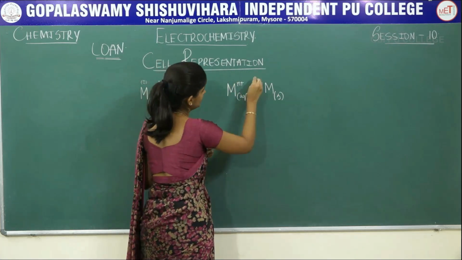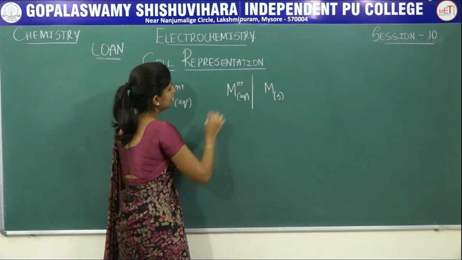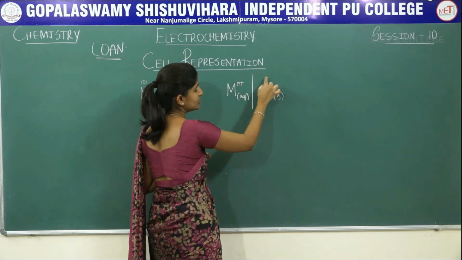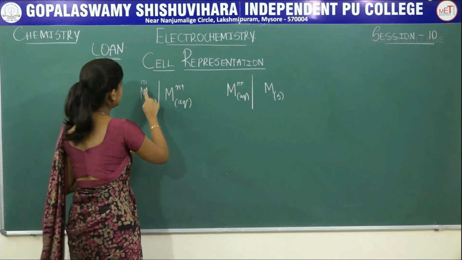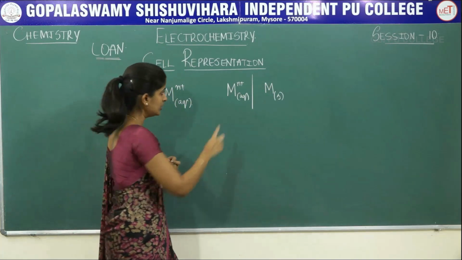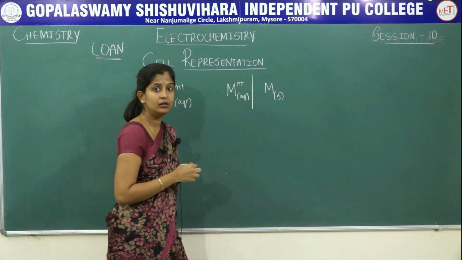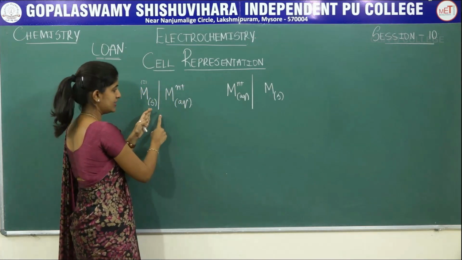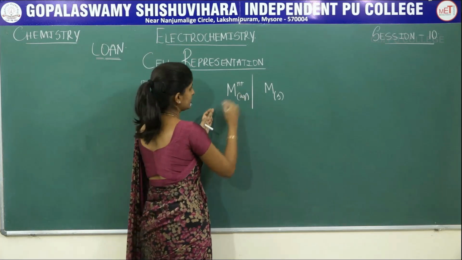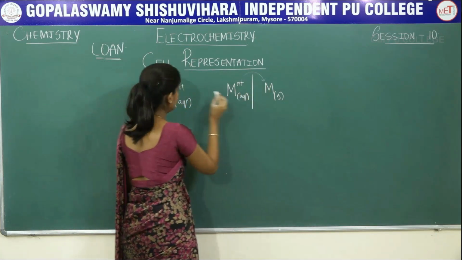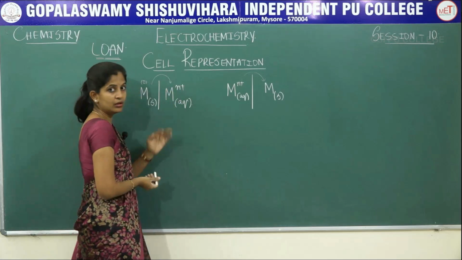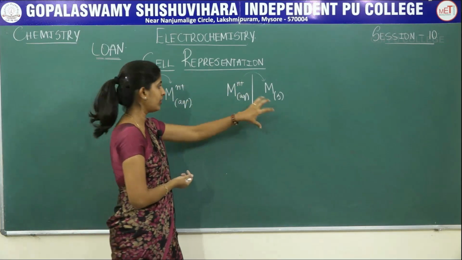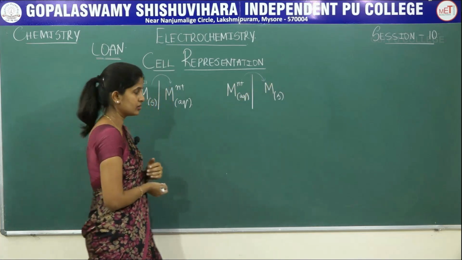Reduction is happening, so you separate by a line. Reduction is Mn plus to M, zero oxidation state here, which means it is reduction. Increase in oxidation number is oxidation. Decrease in oxidation number is reduction. So here on the left hand side oxidation is happening, and on the right hand side reduction. You have to replace the metal and the metal ion in these positions.